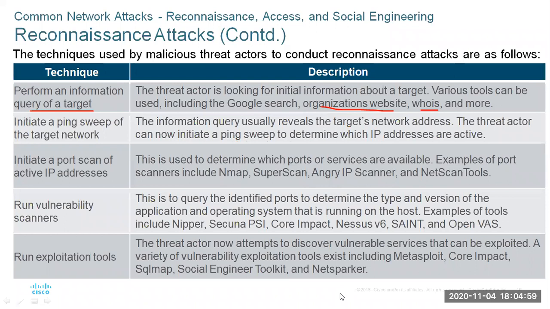The next one is to initiate a port scan. Remember, the idea of this port scan is to find which ports or IP addresses are used or free. Usually they use tools like Nmap, SuperScan, Angry IP Scanner, and things like that.